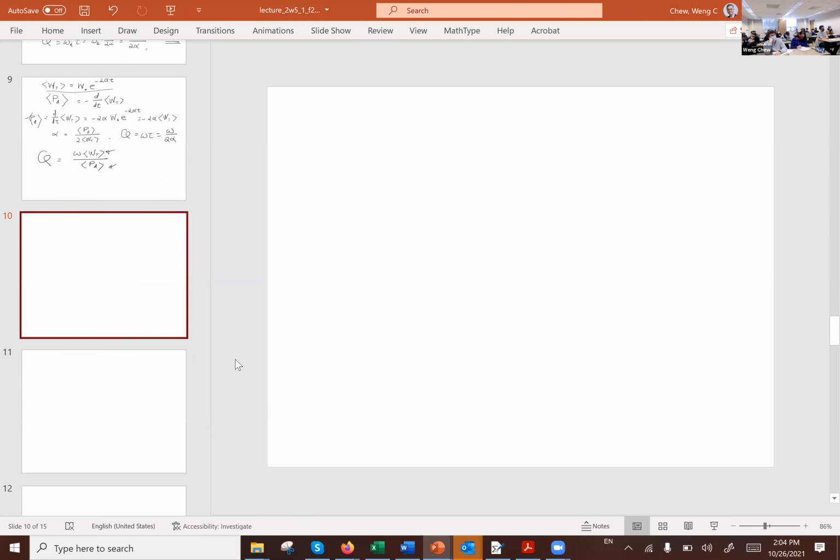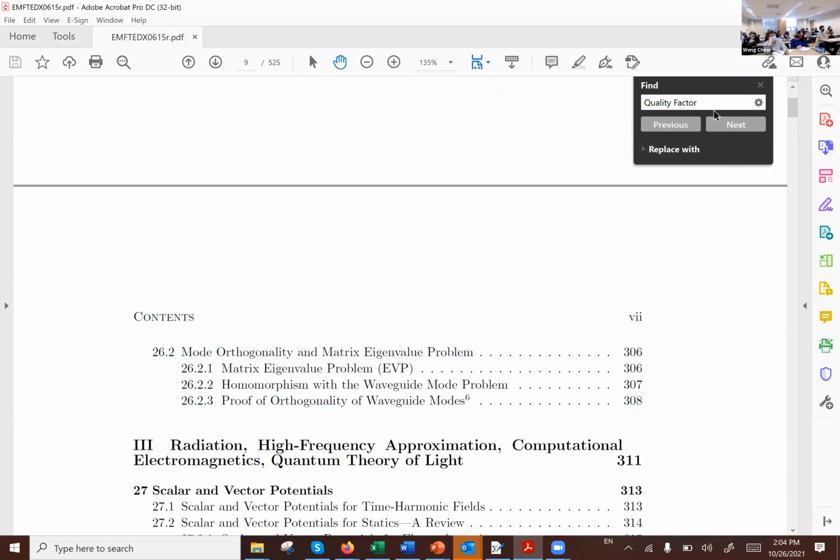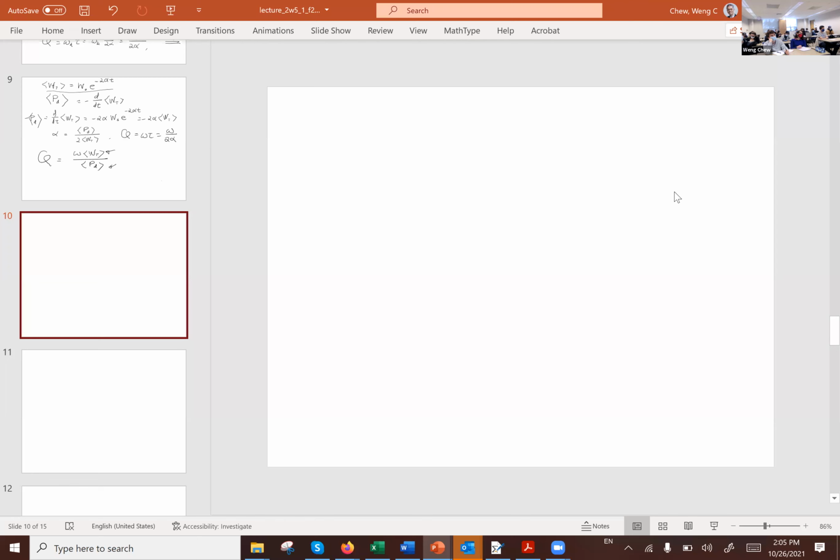As I said before, if you were to plot the Q or the voltage or some quantity as a function of frequency, it will look something like that, where this is the resonant frequency.